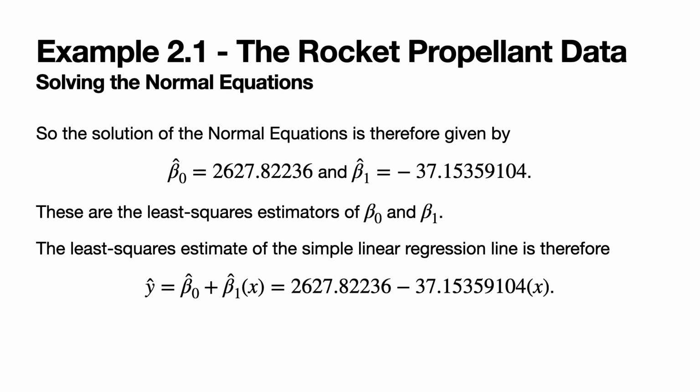So that is just a demonstration of how we can perform simple linear regression by solving the normal equations on the TI-84 calculator. And as I said previously, this can be generalized to linear regression models that have more than one explanatory variable. So it can be generalized to multiple regression, and therefore we can actually do multiple regression on the TI-84 calculator.